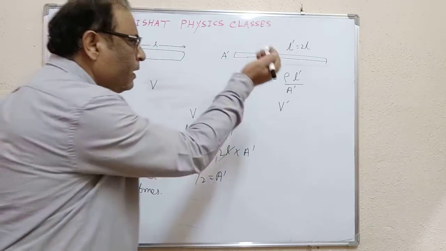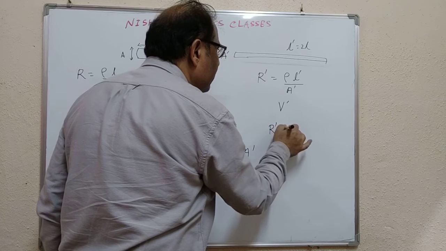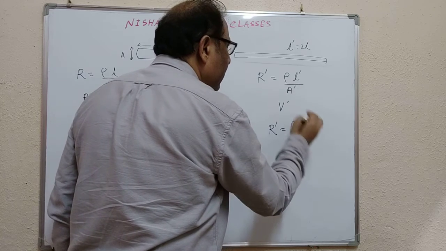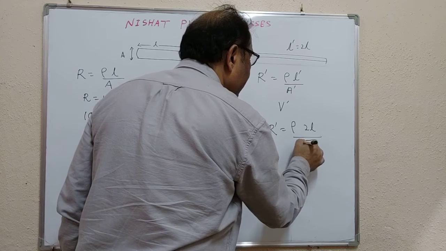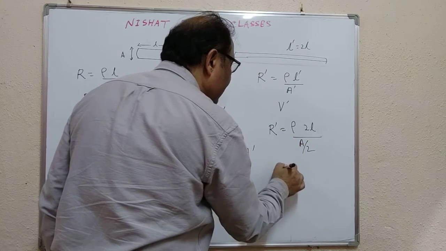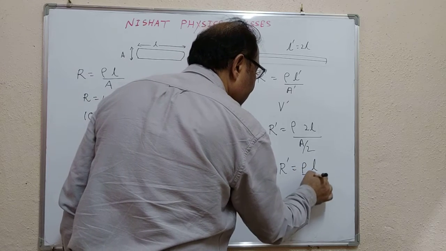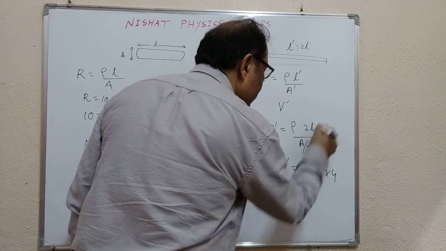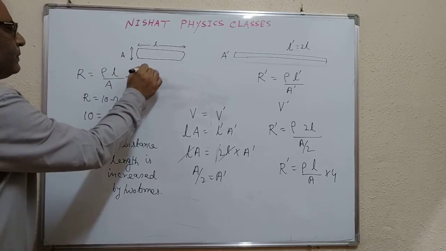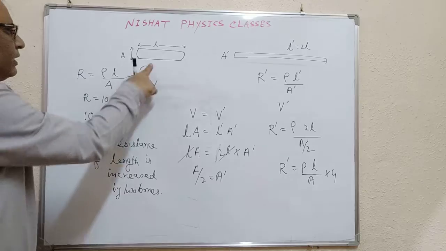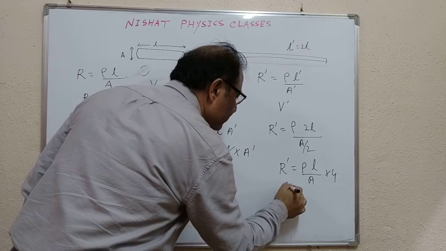Okay. Now here, R dash equals rho into 2L upon A by 2, so R dash equals rho L by A into 4, this 2 into 2 is 4. Suppose this is equation 1.